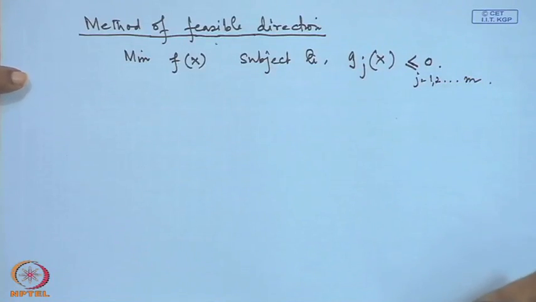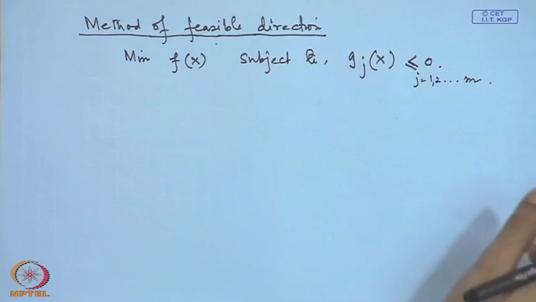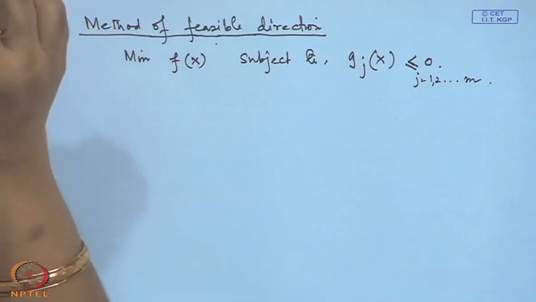The beauty of the method of feasible direction is that this is also a searching technique. We will start from a point and iteratively proceed in such a manner that the functional value is decreased in each iteration. Not only that, we will remain in the feasible space. That is the idea of the method of feasible direction.